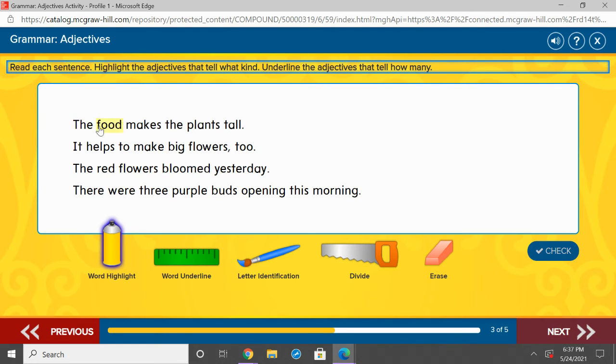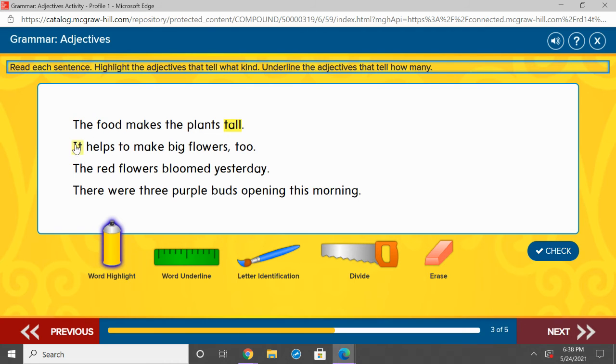All right, this top one. The food makes the plants tall. What are the plants? They are, let me hear it. Tall, yeah. Does tall tell us how many or what kind? Let me hear it. Shout it out. Yeah, it tells us what kind. So we're going to highlight it.